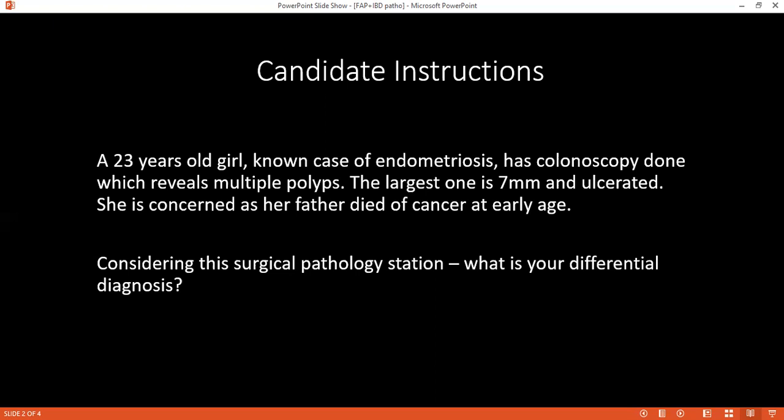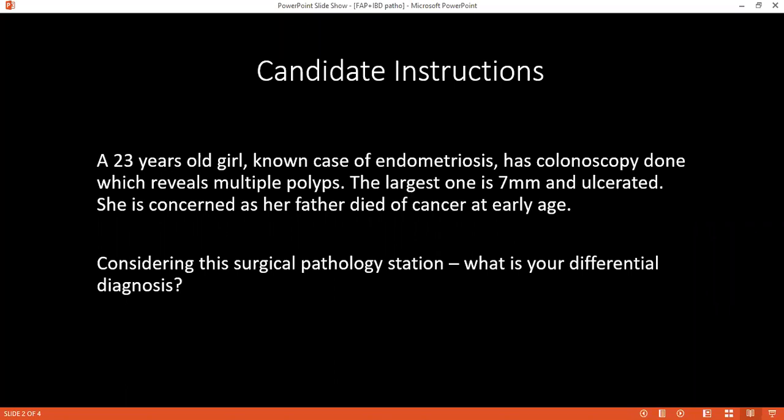If there are polyps, then we have to do it yearly. And if there is any suspicion of malignancy, then we have to plan for surgery, either pan-colectomy for this patient.